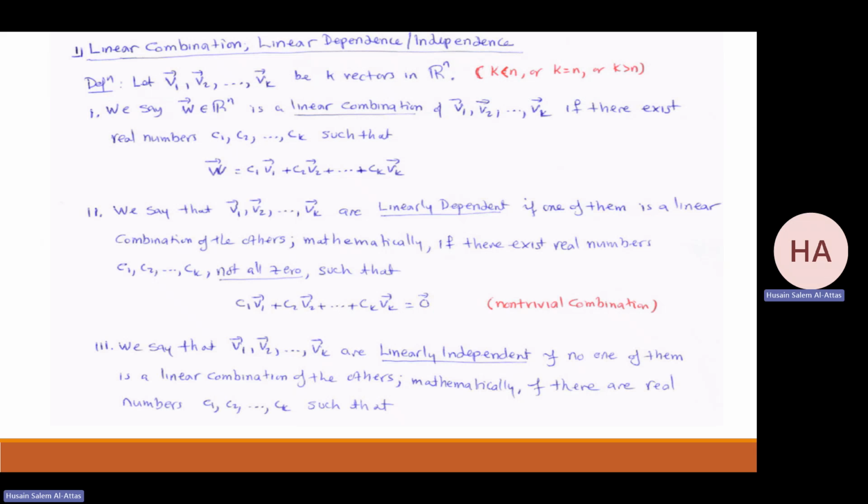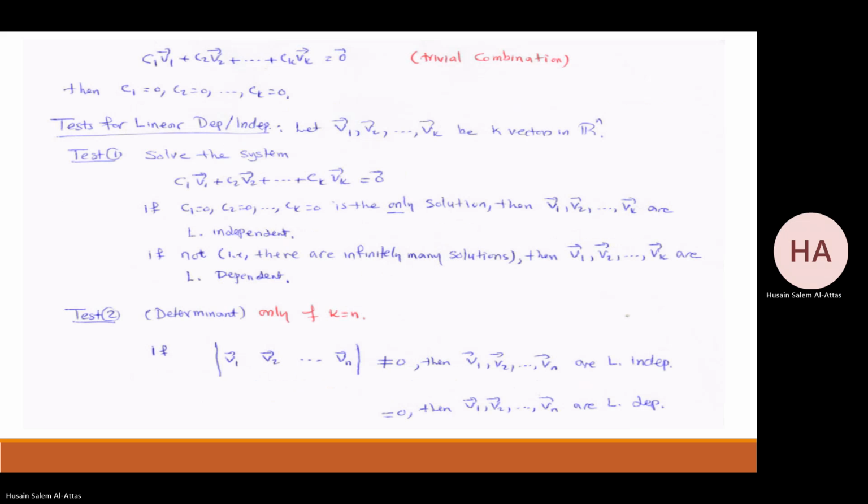Now this is also a quick review of what we did. We define what we mean by W as a linear combination. We have this relation, this linear combination. When they are dependent, if I can find C's, not all 0, so that this linear combination is equal to 0. And linearly independent, if all the possible C's are zeros.